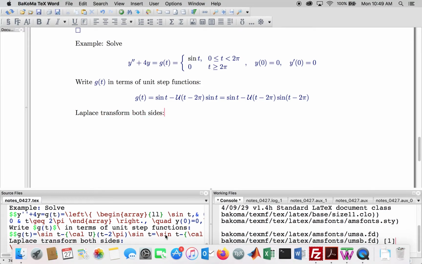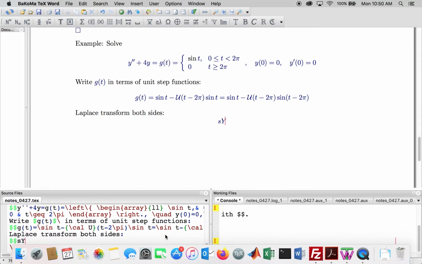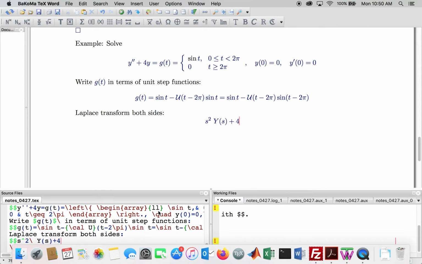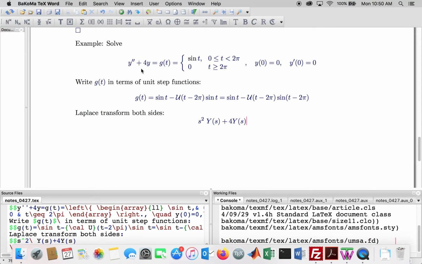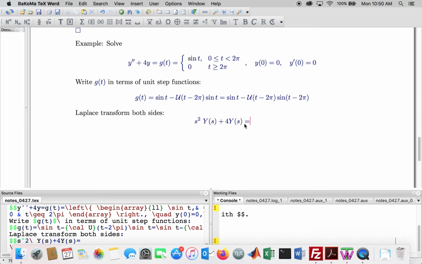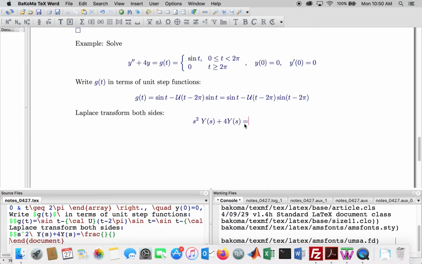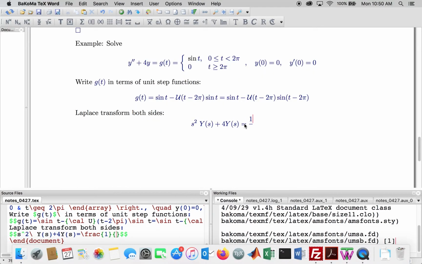Okay, so what we get is s squared y of s for the second derivative. And then there's no initial data here, so that's the only term we get from the second derivative, plus 4 y of s from this term here is equal to a transform of this. Well, a transform of sine is, as we saw before, 1 over s squared plus 1. And then we need to take a transform of this term.